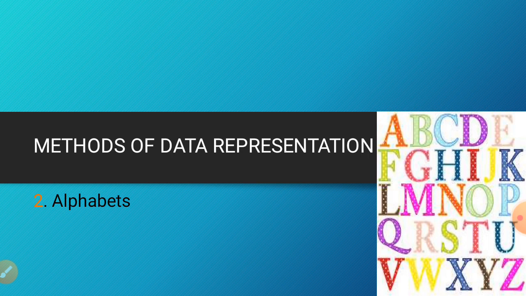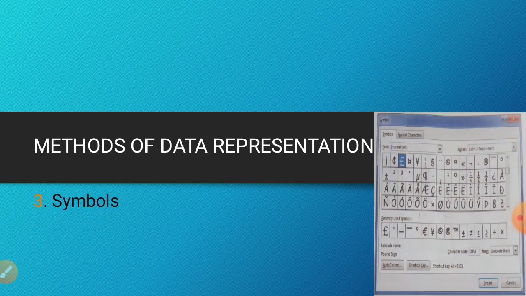Another method of data representation is with symbols. This is very important in the representation of data, as some ideas need a combination of numbers, alphabets, and symbols to make sense.